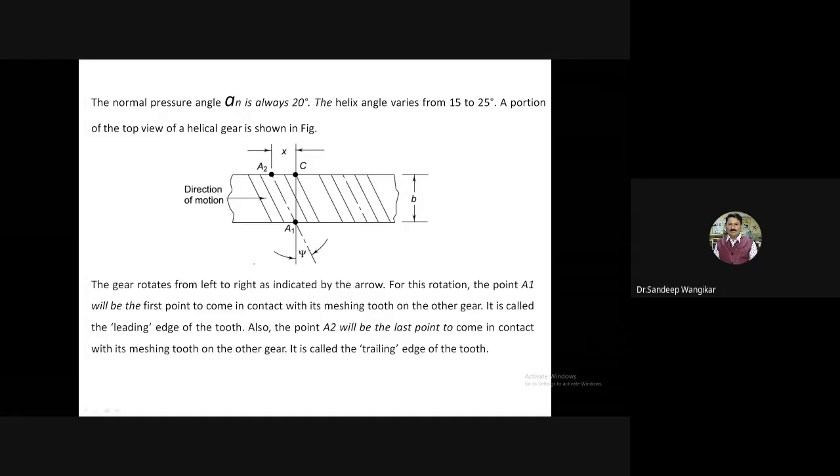The normal pressure angle alpha n, generally we have seen that it is 20 degrees. Alpha is assumed as 20 degrees. The helix angle, that is psi, generally varies from 15 to 25 degrees. Now the helical gear top view is shown here. This is the direction of motion, meaning it is rotating in such a way that this is the direction of motion.